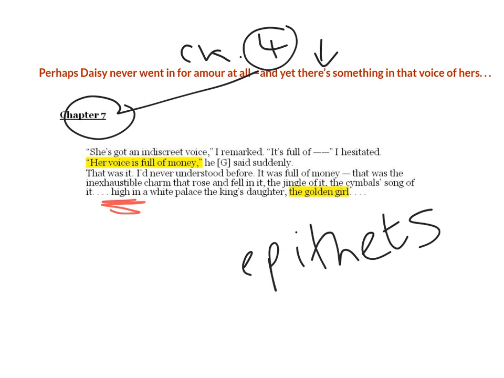And quite fittingly, it's Gatsby with Nick who clarifies that and comes up with an answer. Her voice is full of money, the golden girl. Reinforcing that sense of female objectification and a glamorous trophy for the men to compete over, defeat each other, and win or secure.